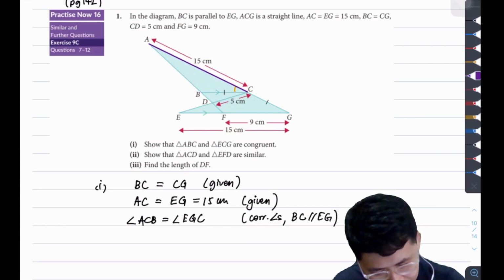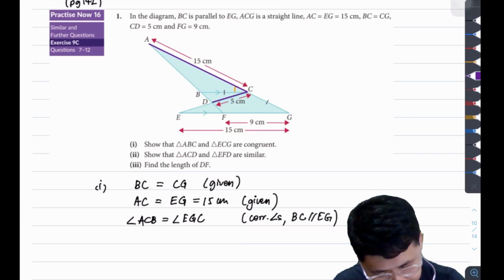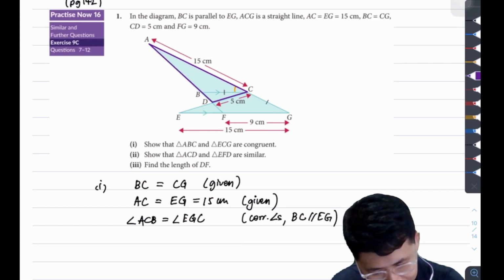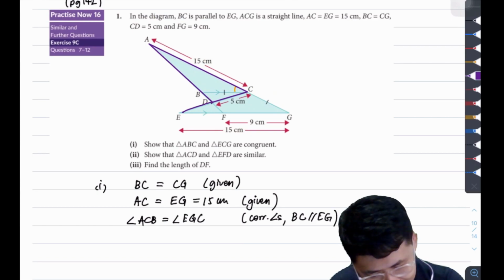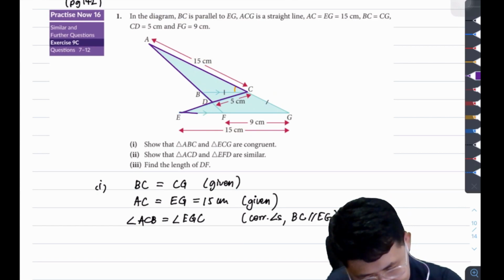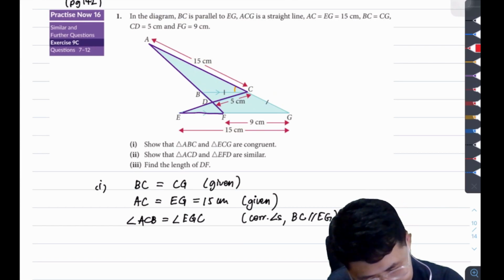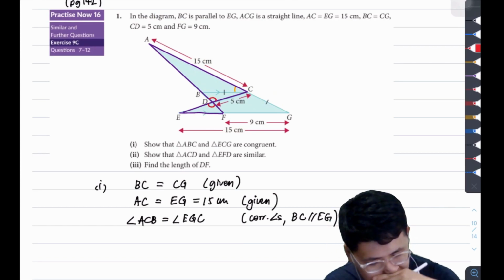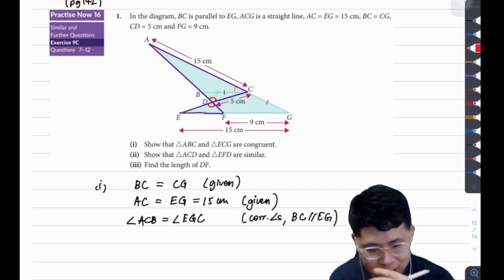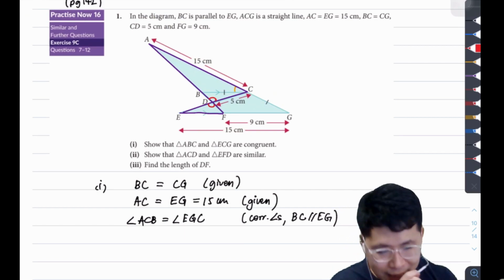Okay, ACD over here. Right, it is similar to EFD. So similar to this triangle over here. Okay, so the very first thing is because they are straight lines, I'm going to have vertically opposite angles.